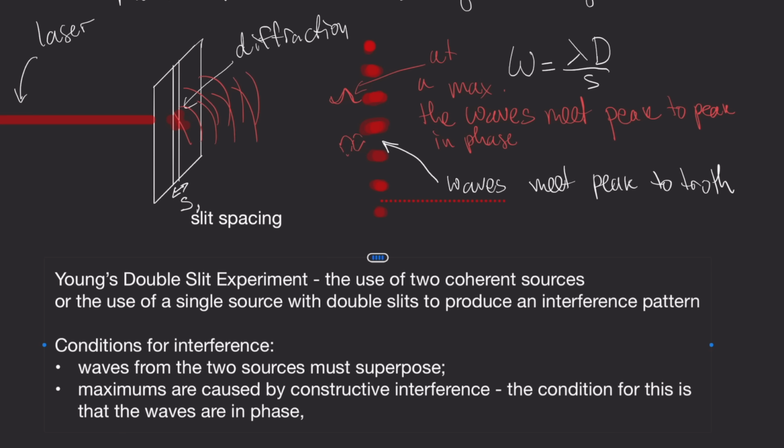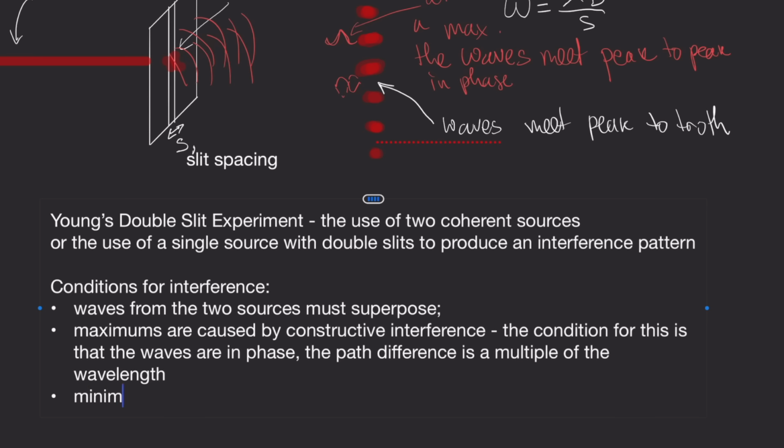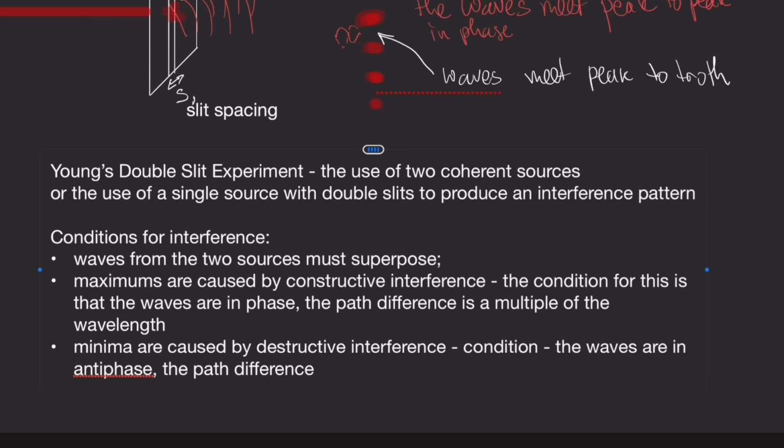We can also say that the path difference is a multiple of the wavelength. Minima, on the other hand, are caused by destructive interference, and the condition for this is that the waves are in antiphase.